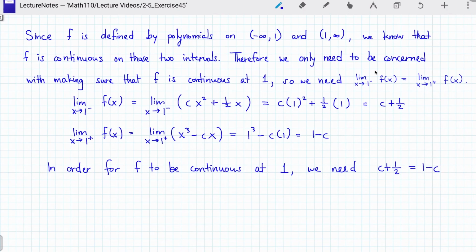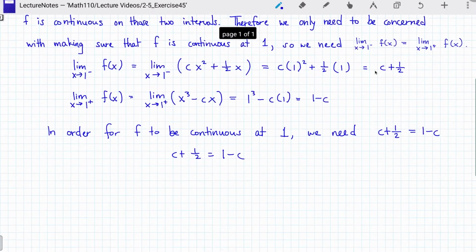So solving that, we have c plus 1/2 equals 1 minus c. Let's add c to both sides and subtract 1/2, and I have 2c has to equal 1/2. That means c has to equal 1/4.